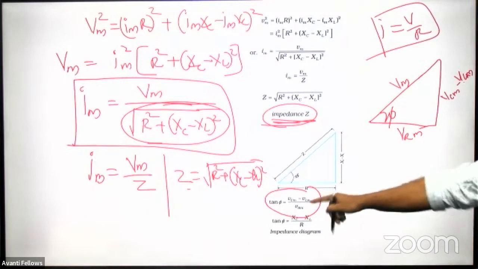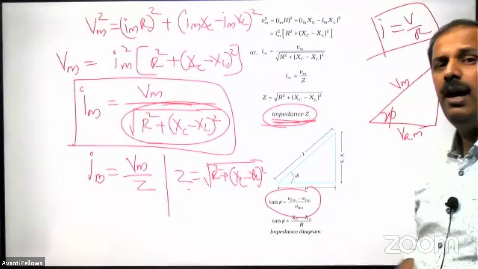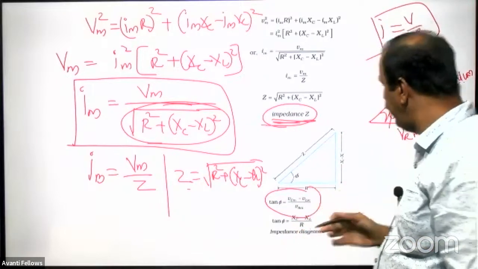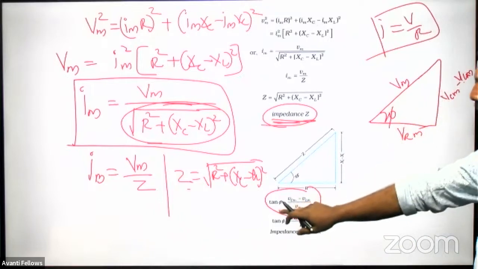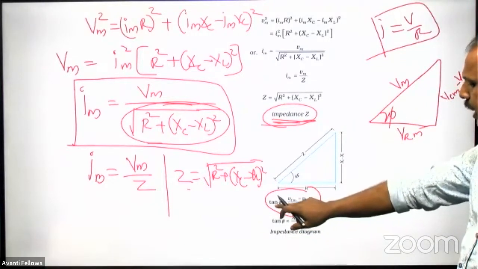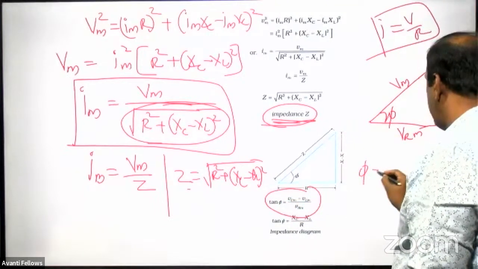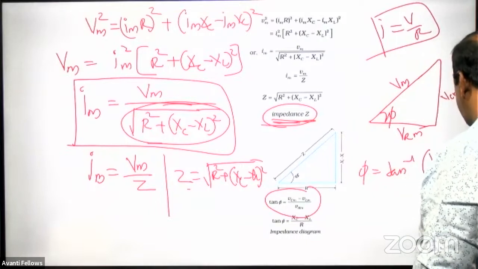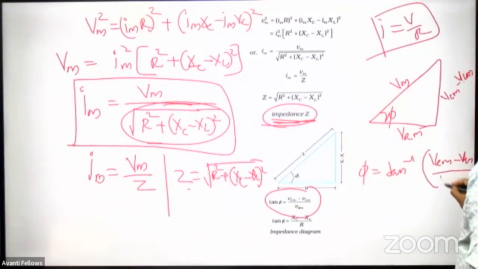So phi is the phase difference between our current and voltage. So we can get from this triangle what phi is. Tan phi is equal to this, and phi will be tan inverse of VCM minus VLM divided by VRM, like that we can write.